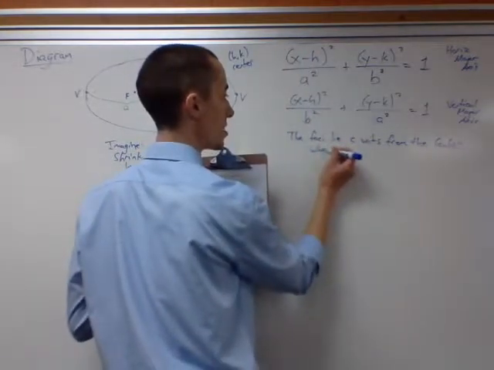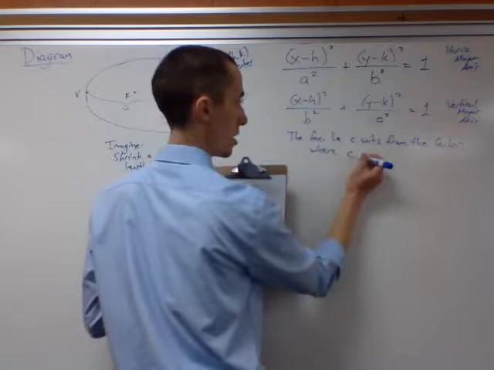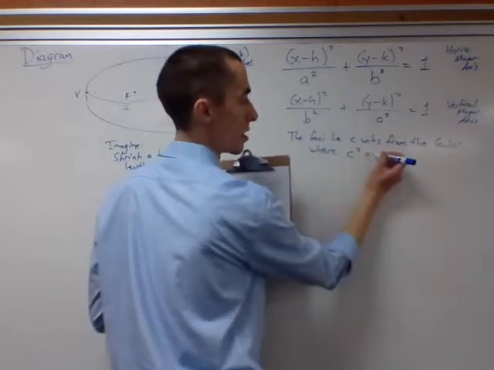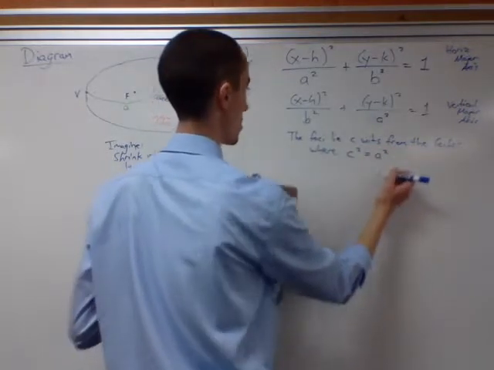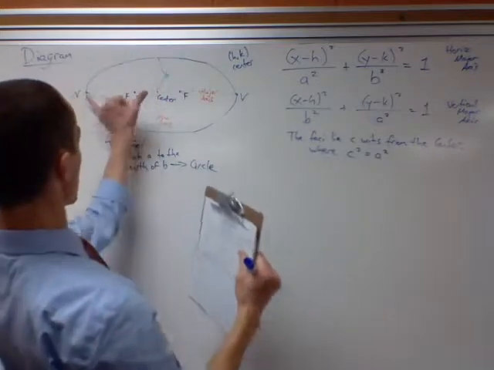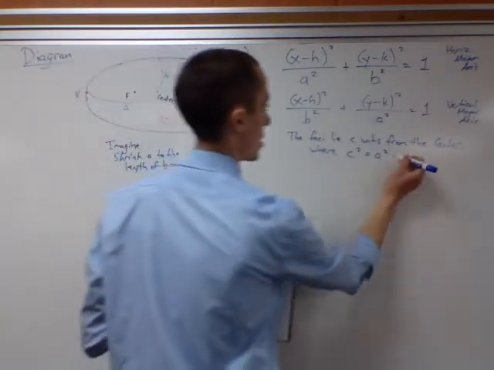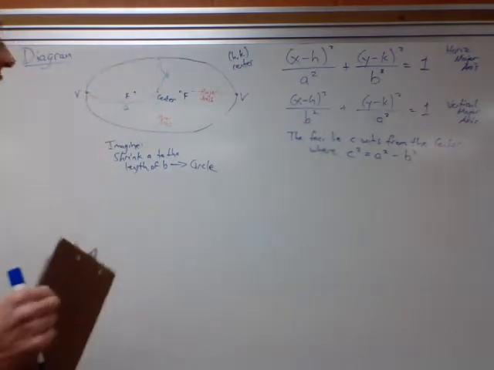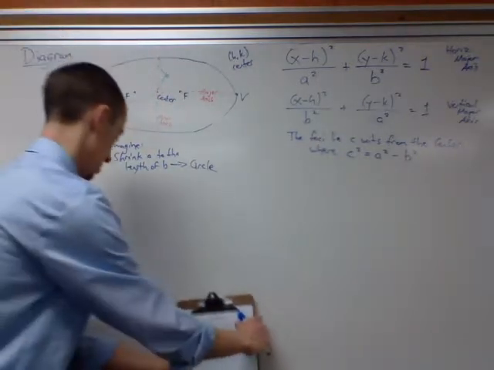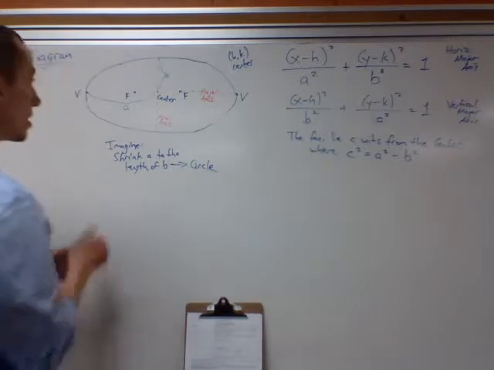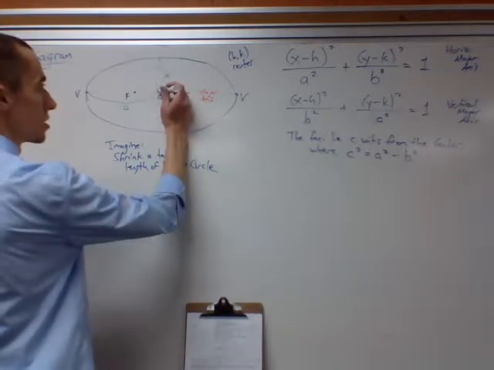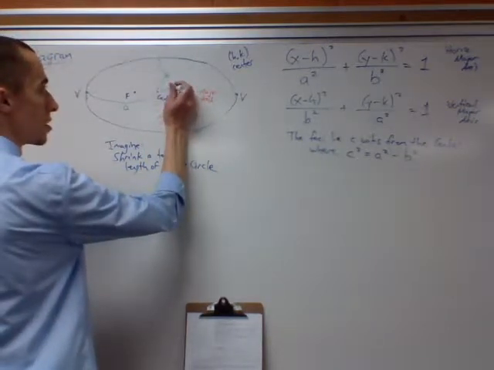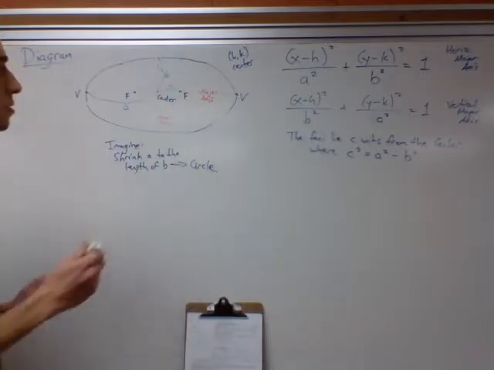And we can find C by doing C squared equals A squared, which is this distance here squared, minus B squared, which is that distance there. And so this distance here is what we'll call C.